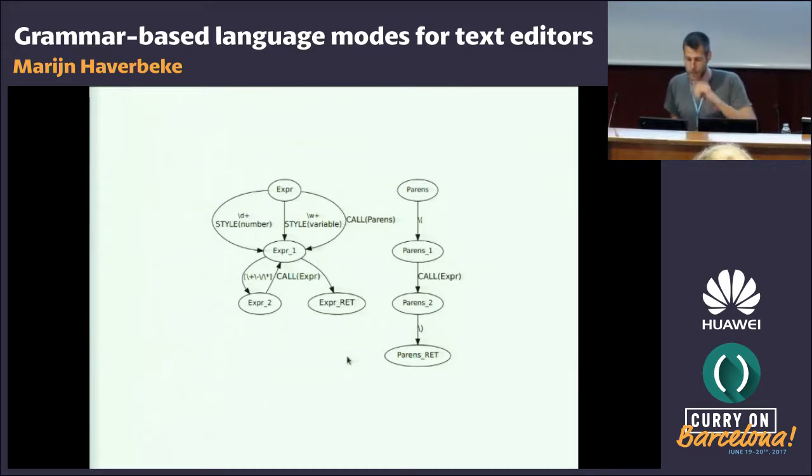So I want to quickly get back to the error tolerance. What I'm doing here is that when it can't make progress, for example when it gets stuck in a node and none of the edges that go out from there match the current input, it'll first try to insert tokens by skipping edges.